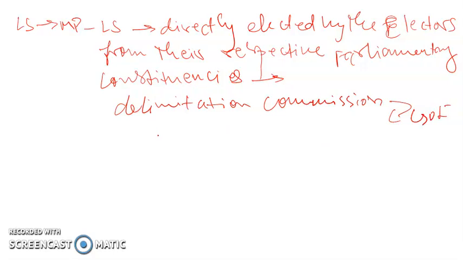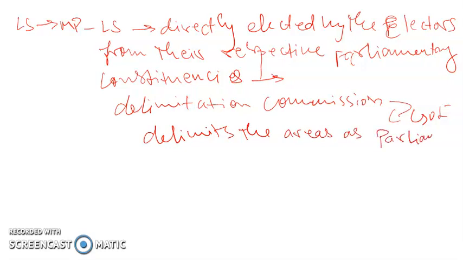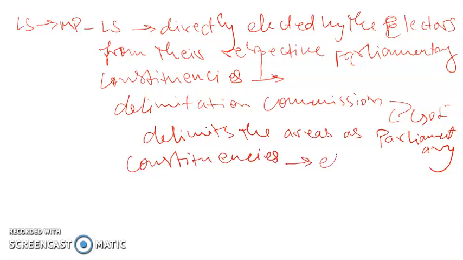It delimits and defines the boundaries of parliamentary constituencies, and based on this, the electors from that parliamentary constituency elect MPs or representatives to the Lok Sabha, and these representatives are called MPs LS.